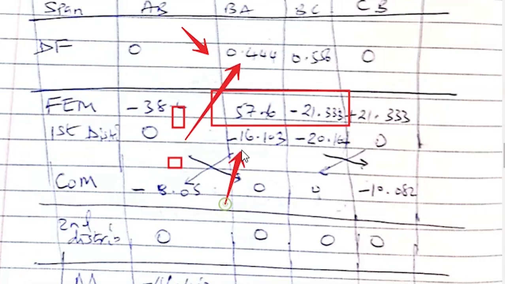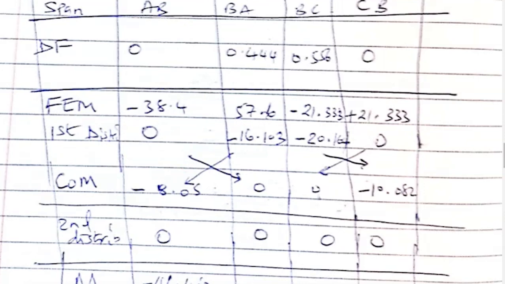Now the ratio with the summation of the negative unbalanced moment, we got about 10, this value here, and we got about 16, this value here. And the ratio for the unbalanced moment with this ratio here, we got about negative 20.160 something there.